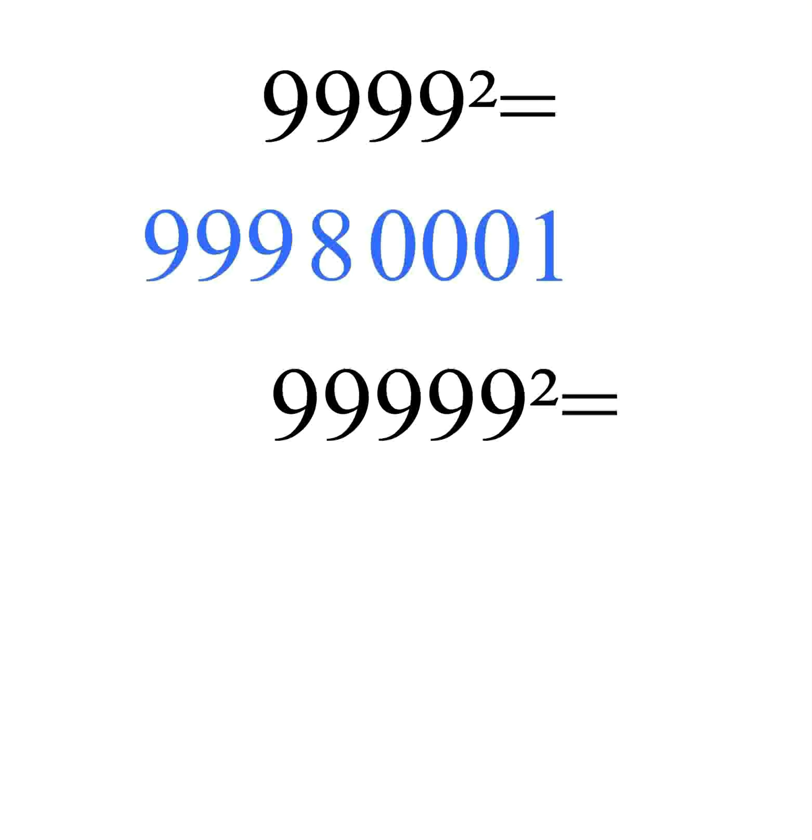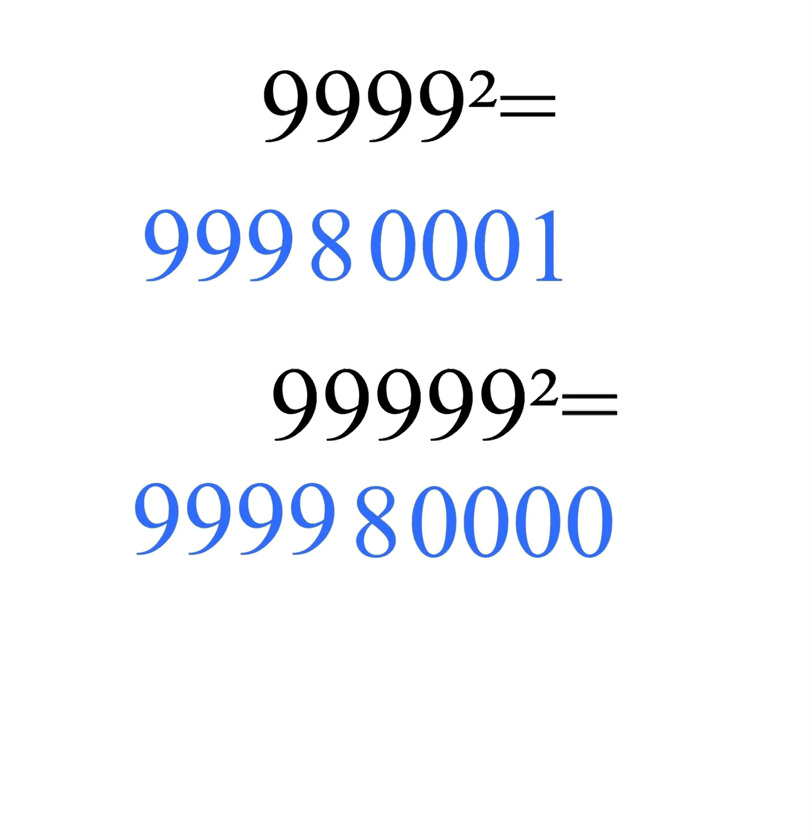We got 5 of them, so we decrease it by 1, which would be 5 minus 1 equals 4. So we write down 4 9s here, and as before, an 8, then 4 zeros, and finally a 1. That's it. That was very simple and fast.